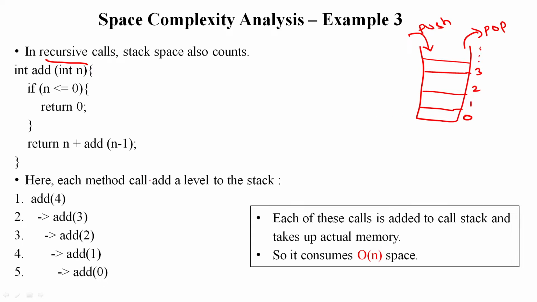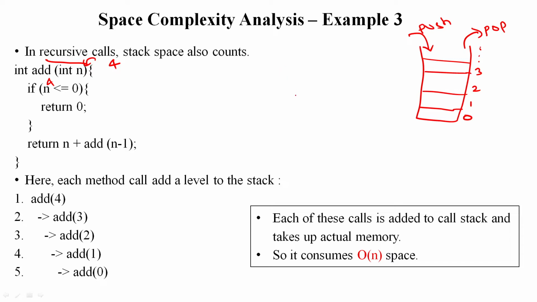Right now, whenever we are using recursion, recursion means the method or function calls itself. So here we are adding the n numbers, we are passing the value n. For example, here I am using n equal to 4. The condition 4 less than or equal to 0 is false. So it is returning n plus add of n minus 1.